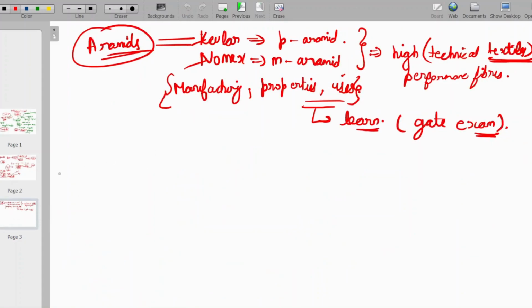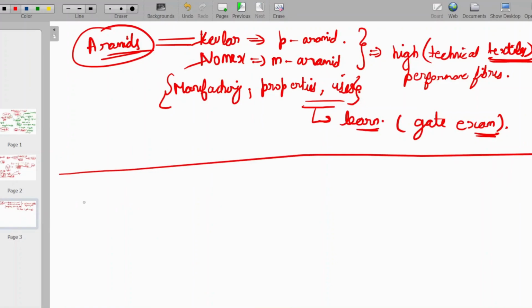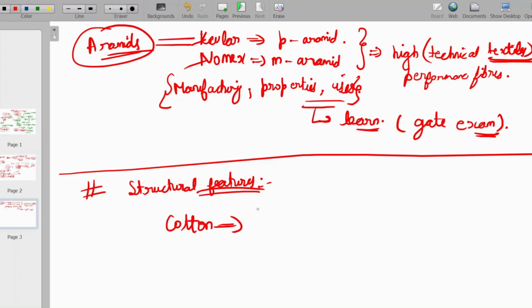Now if I talk about some structural features of different fibers, in cotton there are four important parts. If we say the structure of cotton, how is this structure seen?